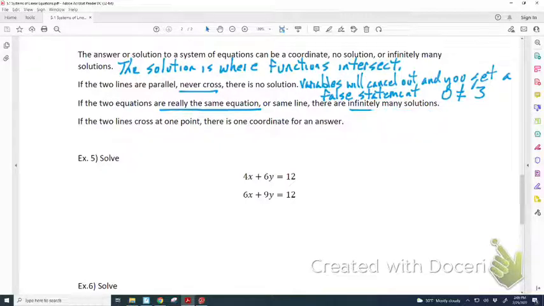Or your variables will cancel out, and you get a true statement.